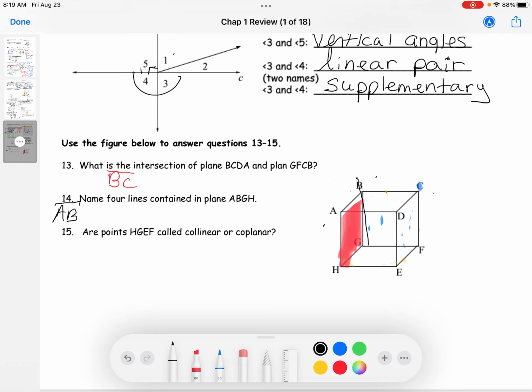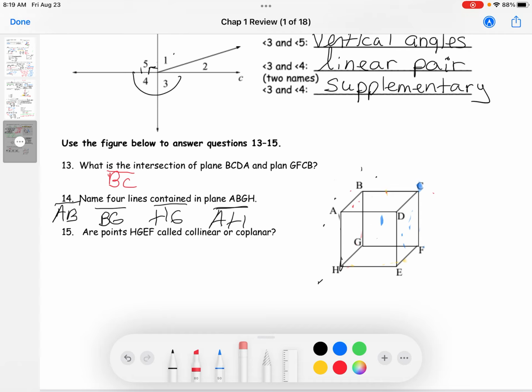And then BG, which is in the back, BG. And then on the bottom, let's erase that, HG. And then finally the one in the front, which is AH.